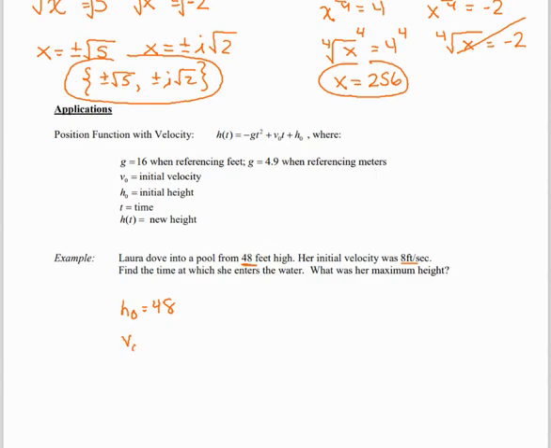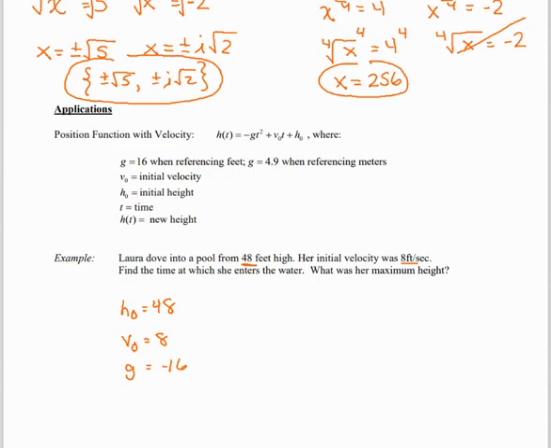So v naught is 8. Now, g we can figure out because we're talking about feet, so I'm going to use negative 16 in there, or we'll say 16, but we'll plug in and have that function say negative 16. And that is the force of gravity. Gravity keeps us down, so that's why we have our negative, right? If an object goes up, it must come down.